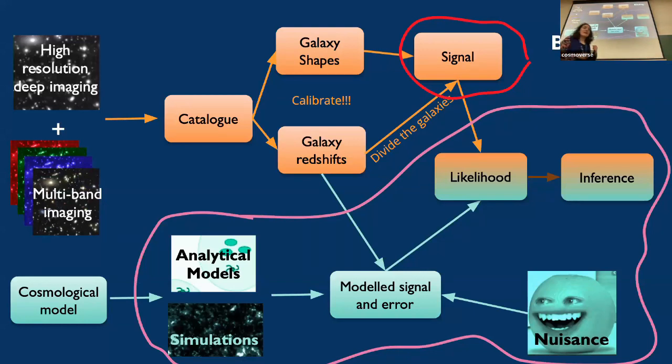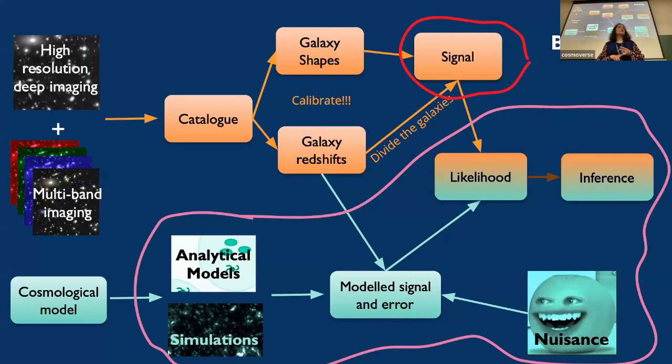Let's go back here. I haven't really gone into detail of how you actually model the things. So here, for example, when you're doing nonlinear modeling, people usually use something like HaloFit, which was fitted to simulations, or HMcode, which you mentioned earlier, which is an augmented halo model with some parameters that are fitted to simulations.